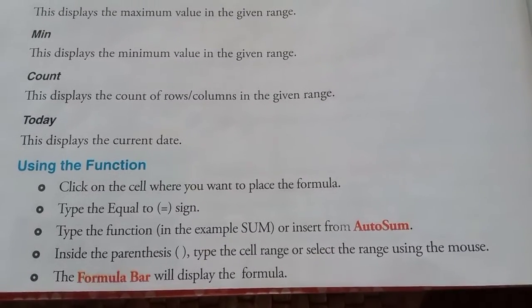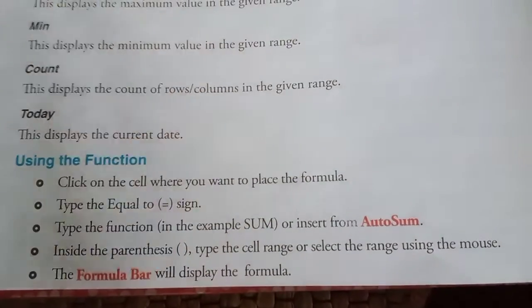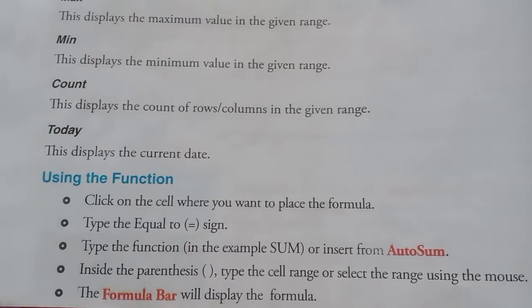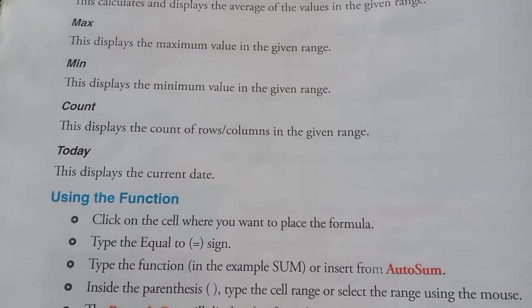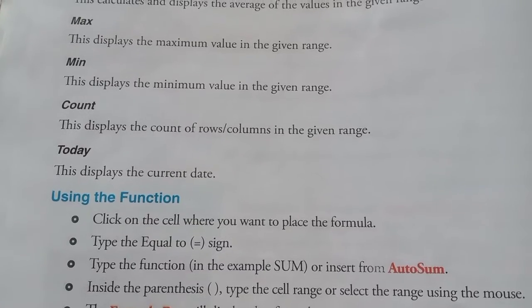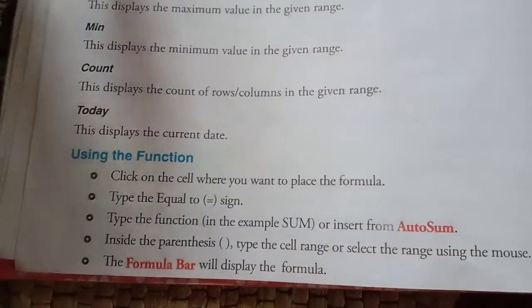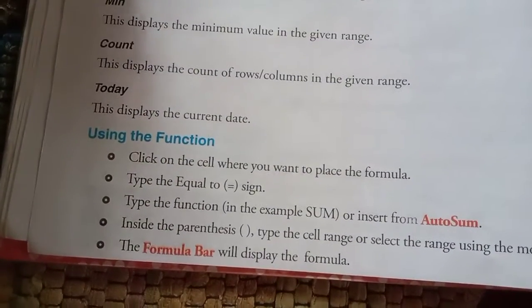Then the next one is the formula bar will display the formula. Then the next one is press enter from the keyboard. Then the next one, the cell will display the calculated result.